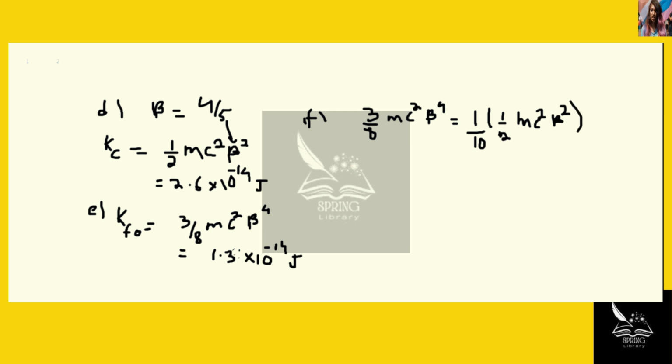Then we will just cancel out terms on both sides. mc square will cancel out, and one beta square and then one beta square cancel out. So we are left with a beta value, which will be simply 0.37. End of the problem.